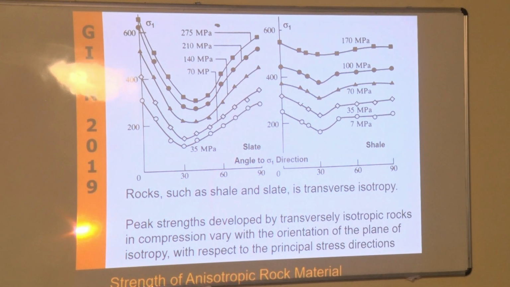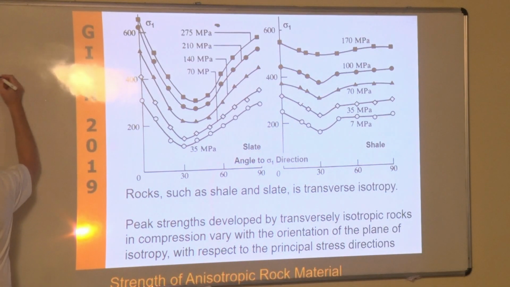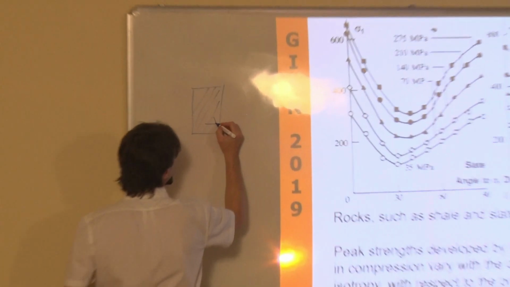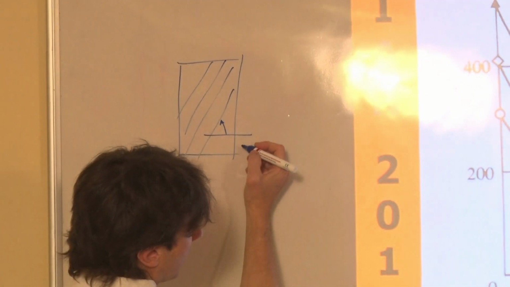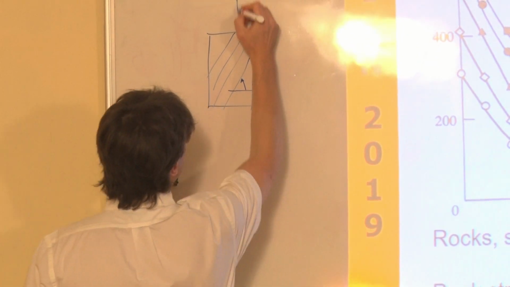If it is perpendicular, no, actually here, sorry, let's define the angle. So these are the bedding planes. This angle is called alpha.